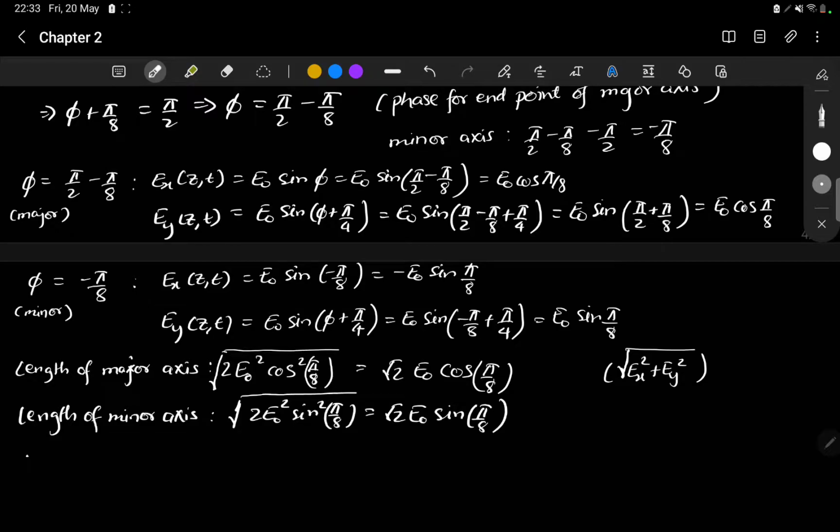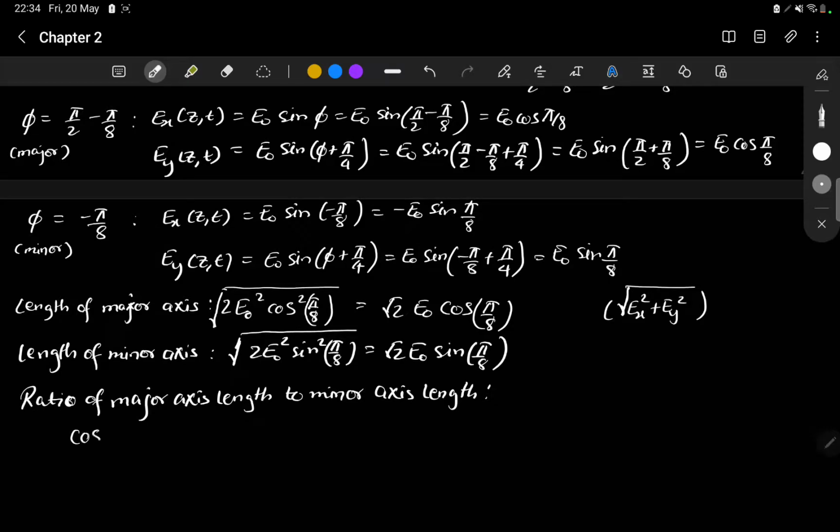And then finally, the ratio of major axis length to minor axis length is as follows.